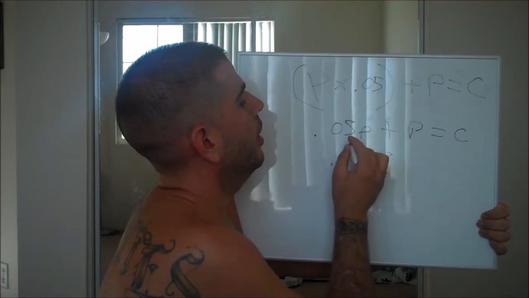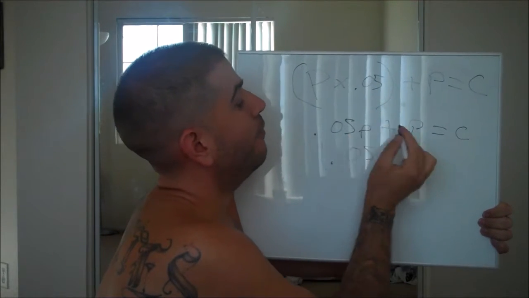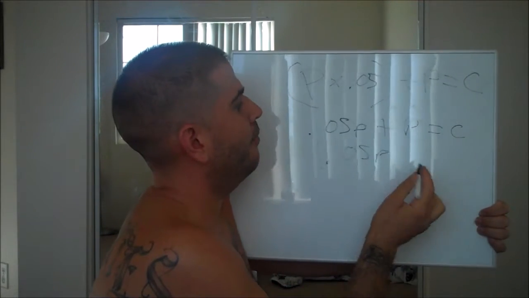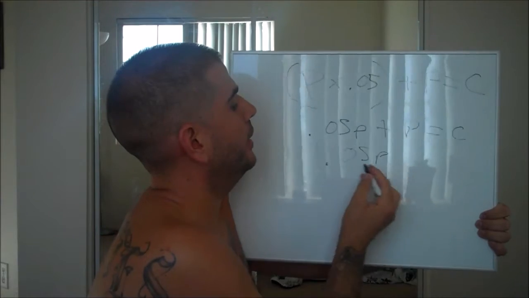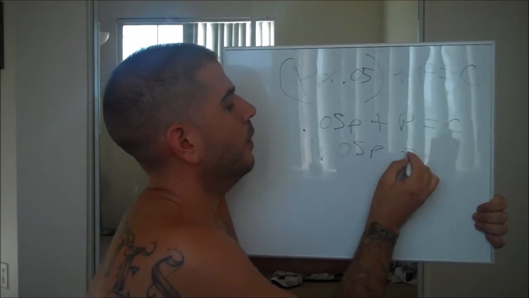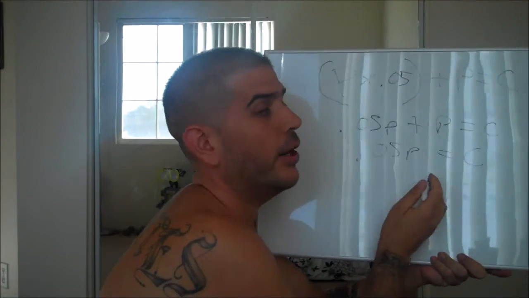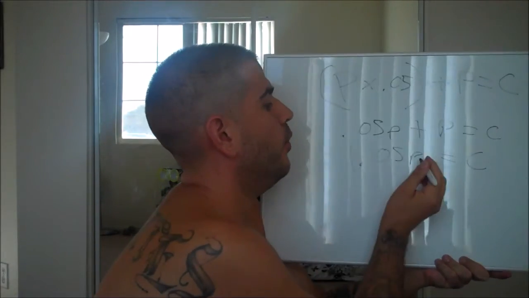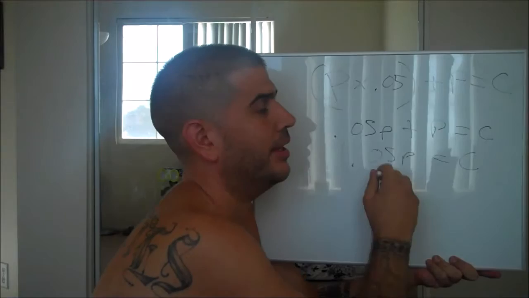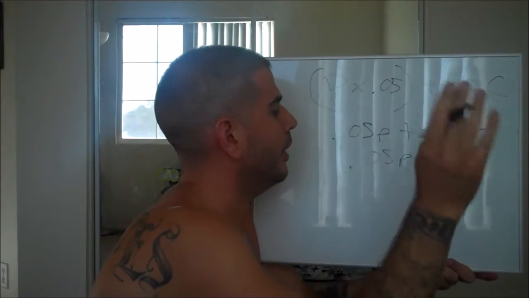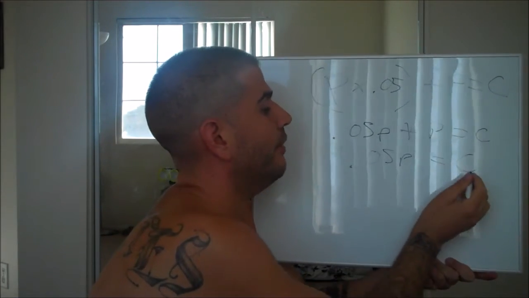All I did was add 0.05 plus 1 equals 1.05, but it's P's because this is the price. So 1.05P equals C, and this is where I got the initial thing. You take whatever your price is, 99 cents, $1, $100, whatever it is, times 1.05, and you get C.